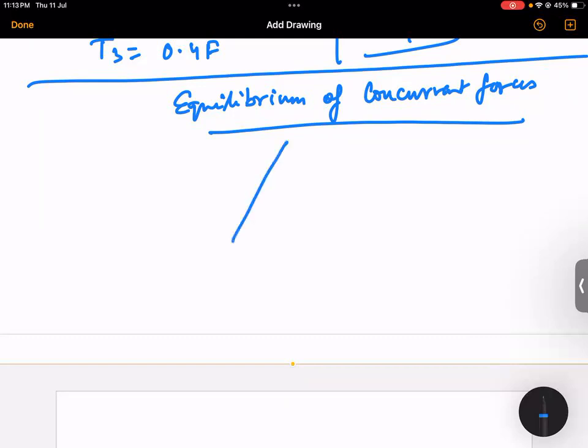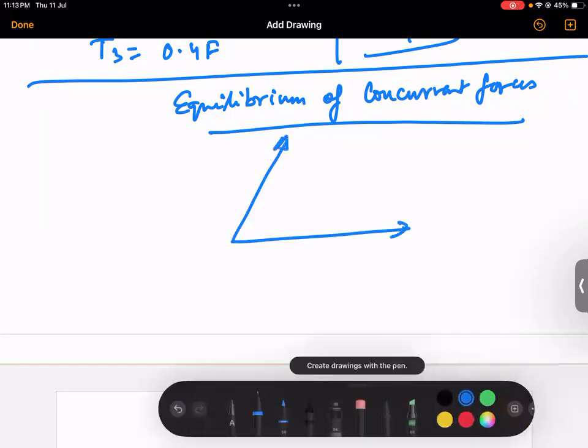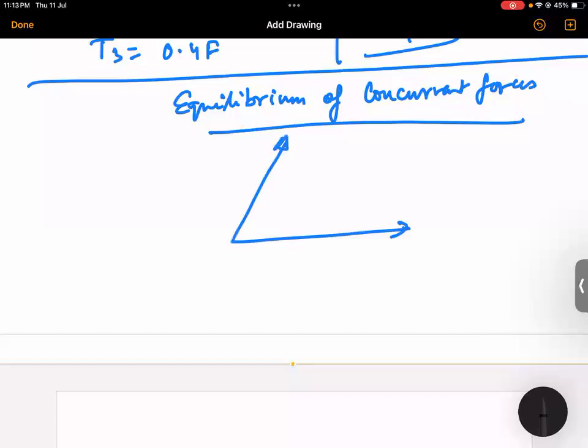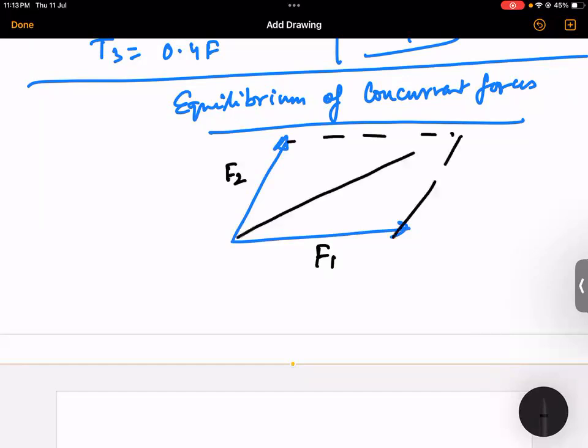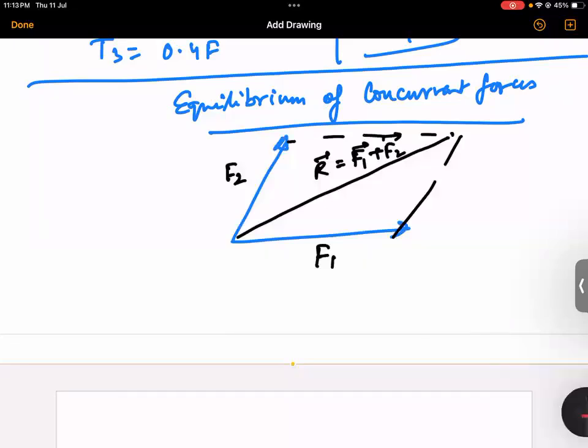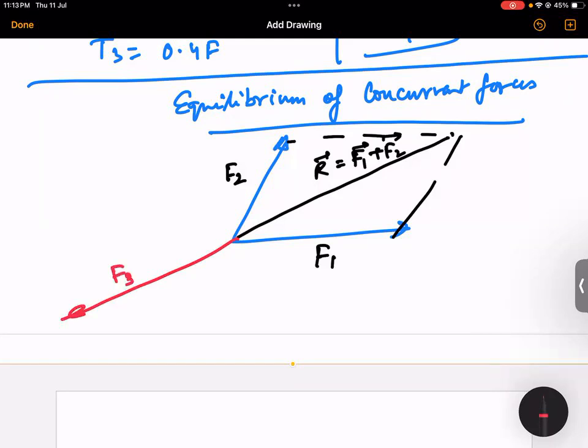For example, suppose you are having a force like this. This is F1 and this is F2. In this case, you know the resultant of these two forces is F1 plus F2. Now what if you apply an opposite force in this direction, F3?